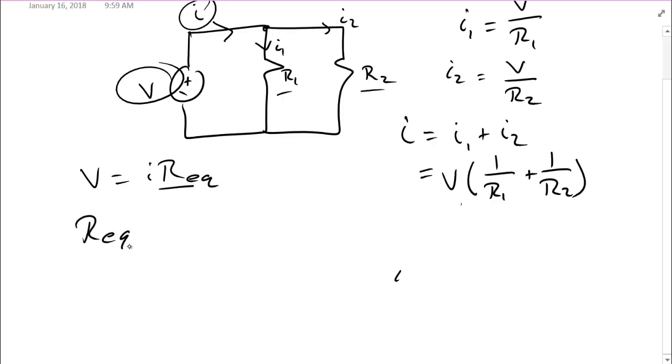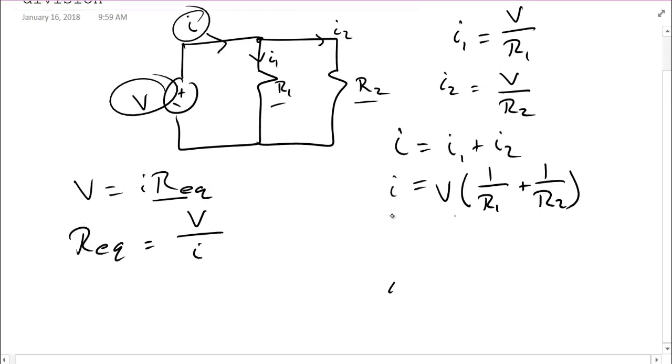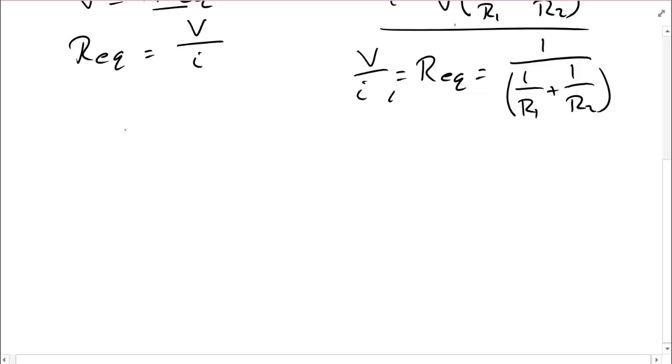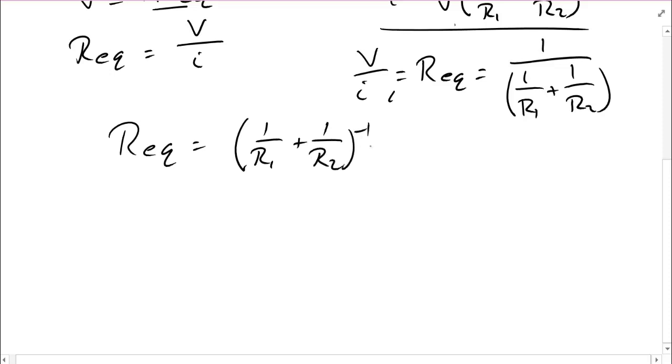And R equivalent is equal to V over I. So, if we rearrange this equation here for V over I, we end up with R equivalent, which in this case is given as 1 over R1 plus 1 over R2. Usually we write this more compactly as 1 over R1 plus 1 over R2, inverted, to the power of -1.